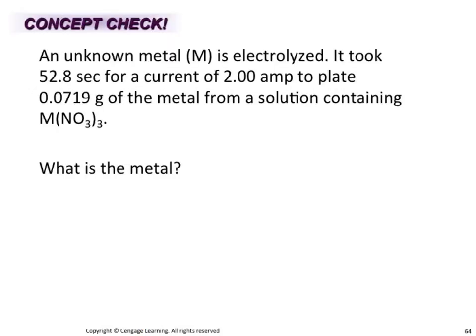So here we go. An unknown metal, M, is electrolyzed. It took 52.8 seconds with a current of 2 amps, so I'm just going to put coulombs per second, to plate 0.0719 grams of the metal from a solution containing M3+. What is the metal?